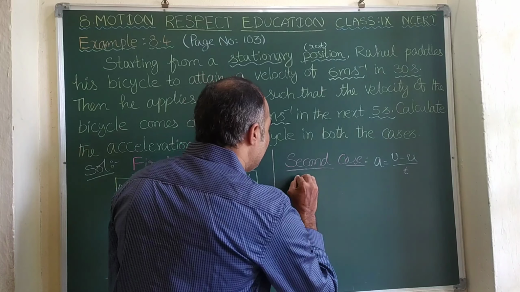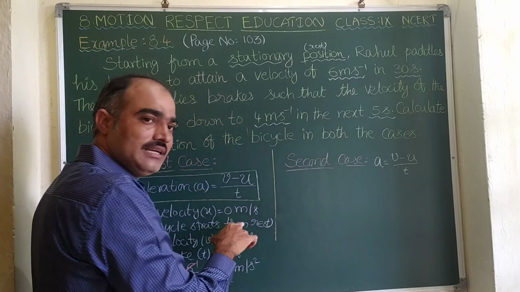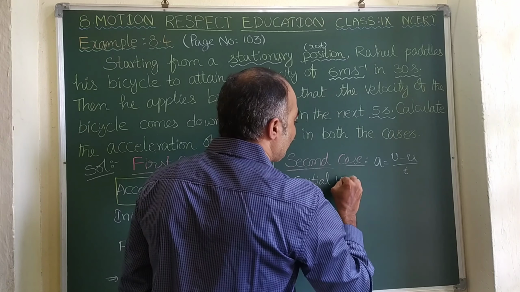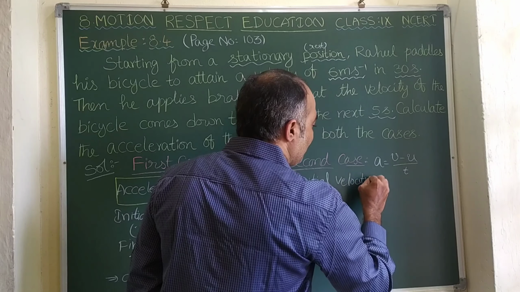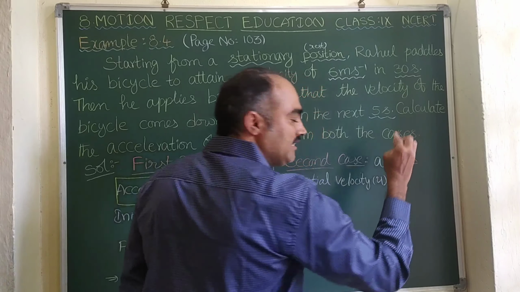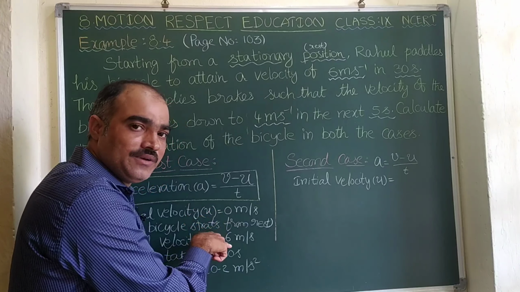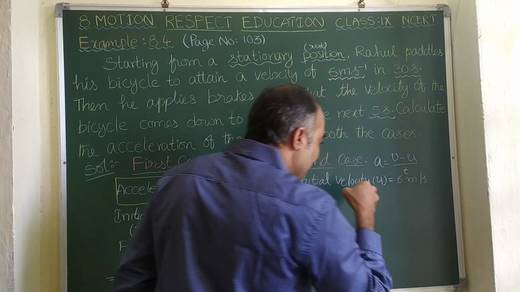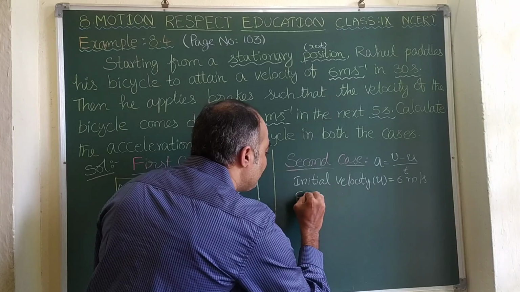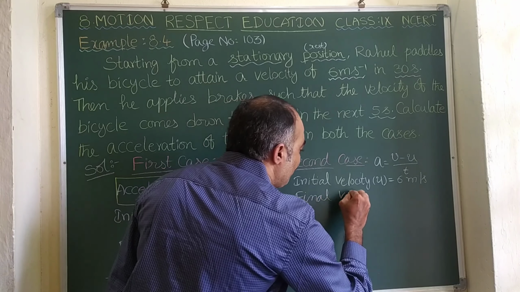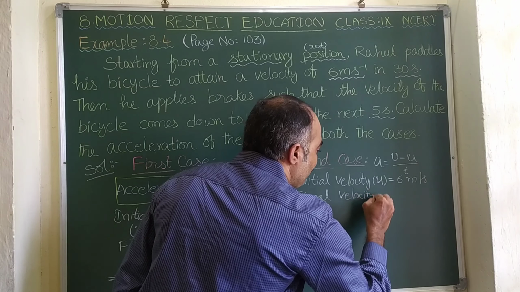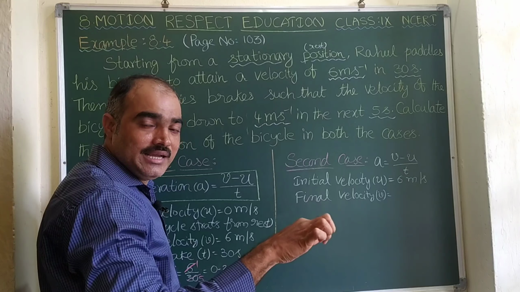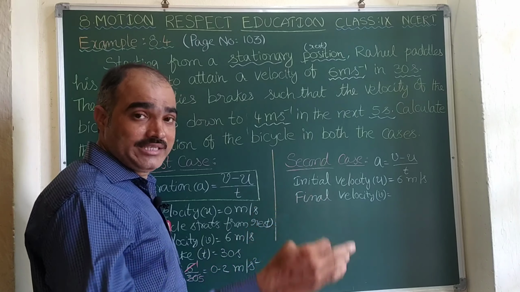So here let us write, as we are writing initial velocity, let us write the same initial velocity in this case, that is u. Initial velocity is nothing but the final velocity of the previous case, that is 6 meter per second. In this case the final velocity, that is small v, is given in the question. When he applies the brakes, he did not come to rest.